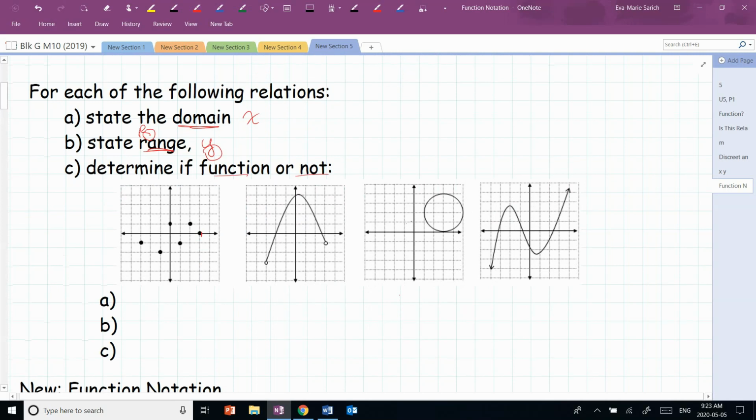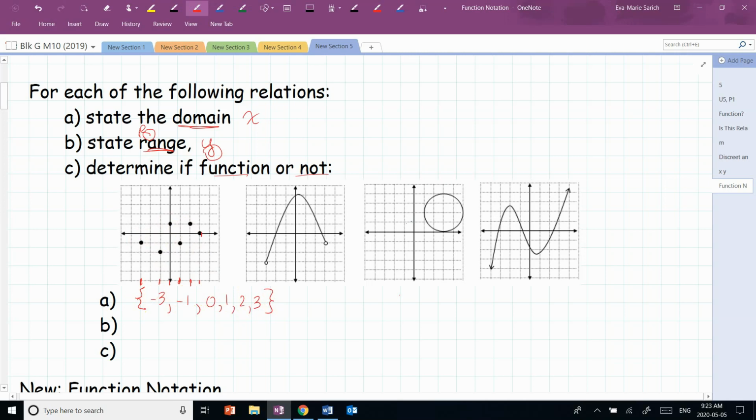All right, for stating our domain, so our x's, we'll start here. X goes left and right, so we've got a point there, there, there, there, there, and there. So individual discrete points go in a bracket from lowest to highest. So we're looking at -3, -2, -1, 0, 1, 2, and 3.